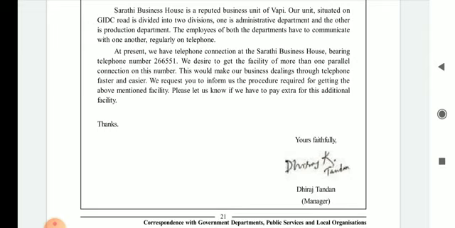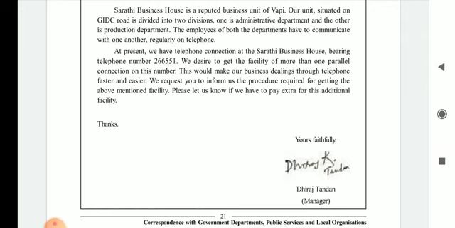We request you to inform us the procedure required for getting the above mentioned facility. They also mention that if BSNL provides information for getting this facility, they will be very obliged.